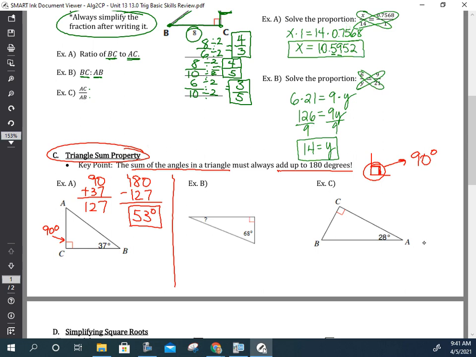Part B is the same way. There's your 90. Could be 68. 90 and 68 is 158. 180 minus 158. 22 degrees.